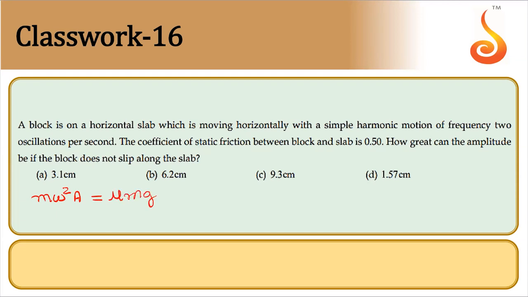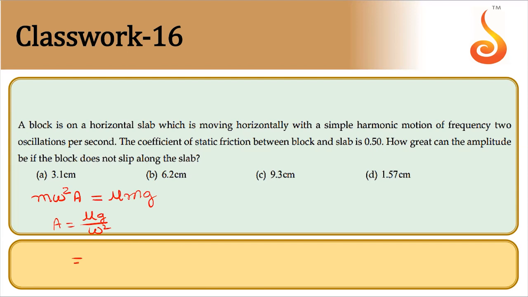It's a horizontal slab, so the force due to friction is mu mg. Right? So m and g get cancelled. To calculate amplitude, a should be equal to mu g by omega square.